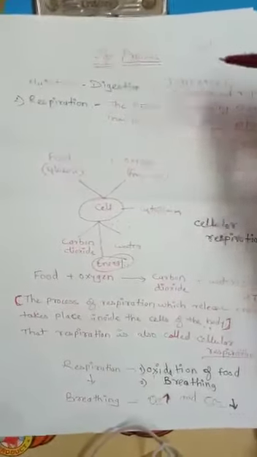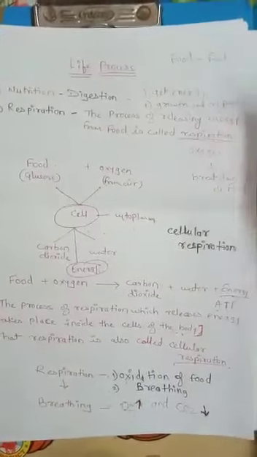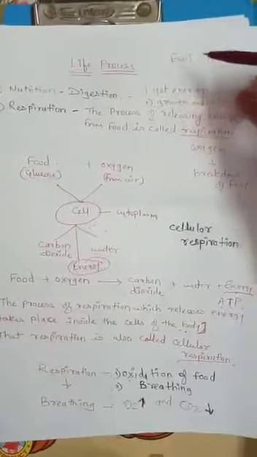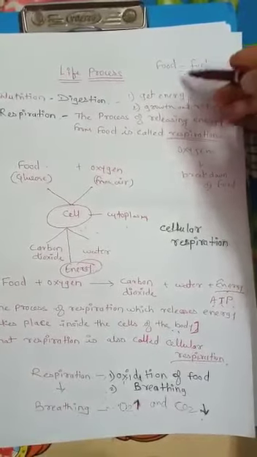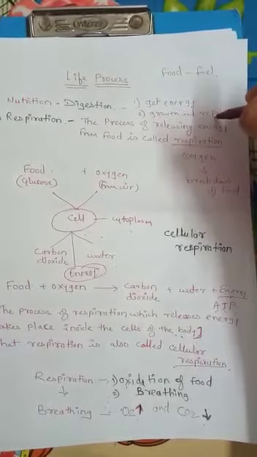We have started from nutrition, that is digestion, by which we come to know that we are getting energy from the food, and that assimilated food is used for two purposes: getting energy, and growth and repair.